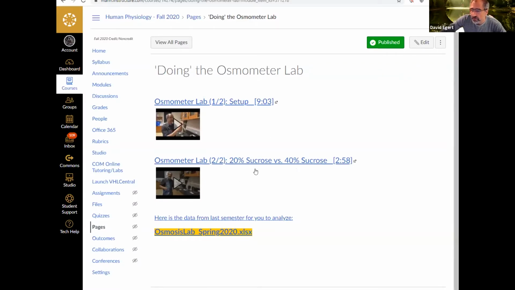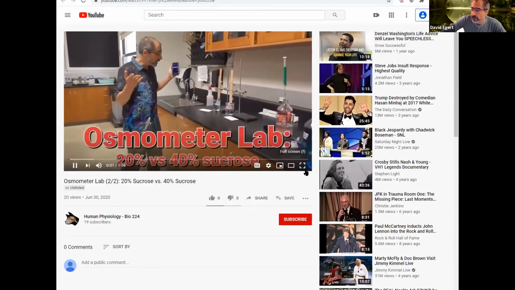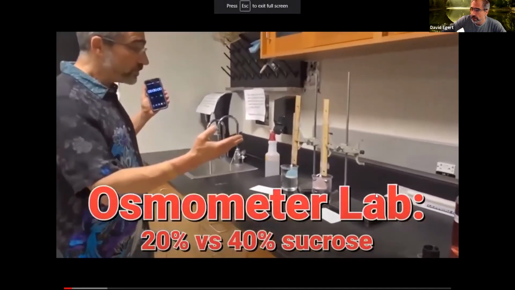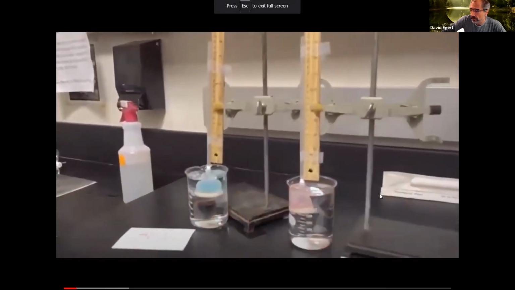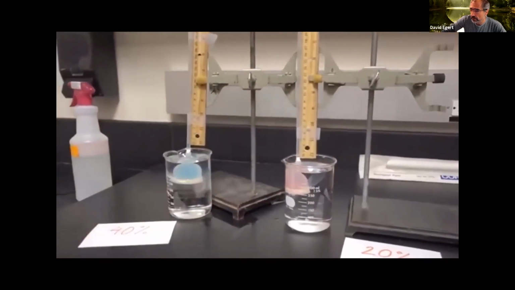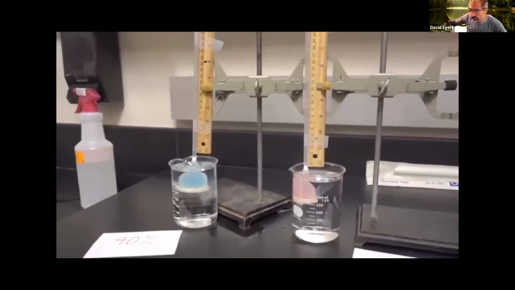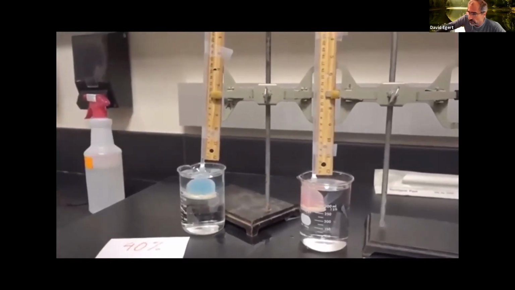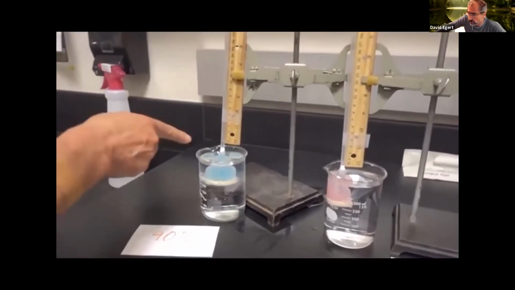So this is just 3 minutes, and this is where you see what it looks like when they're both going. We have these two osmometers set up, identical except for the solution inside the little funnel. This has the 40% sucrose.